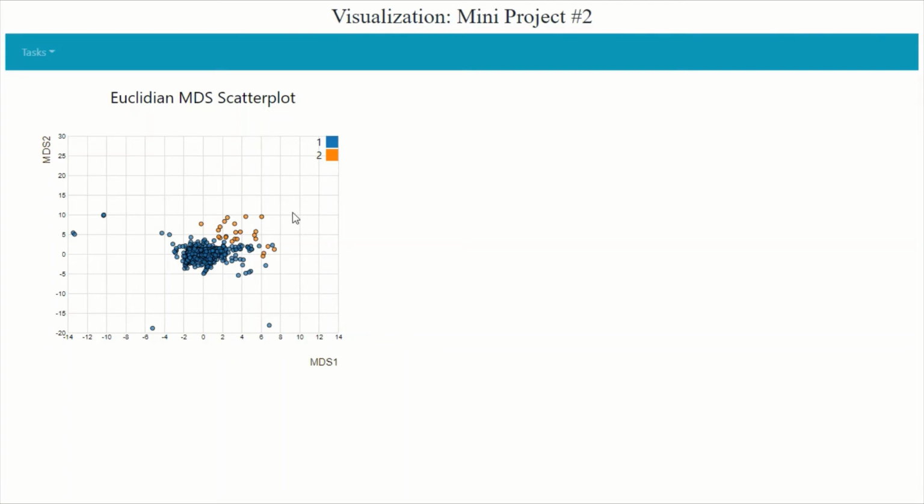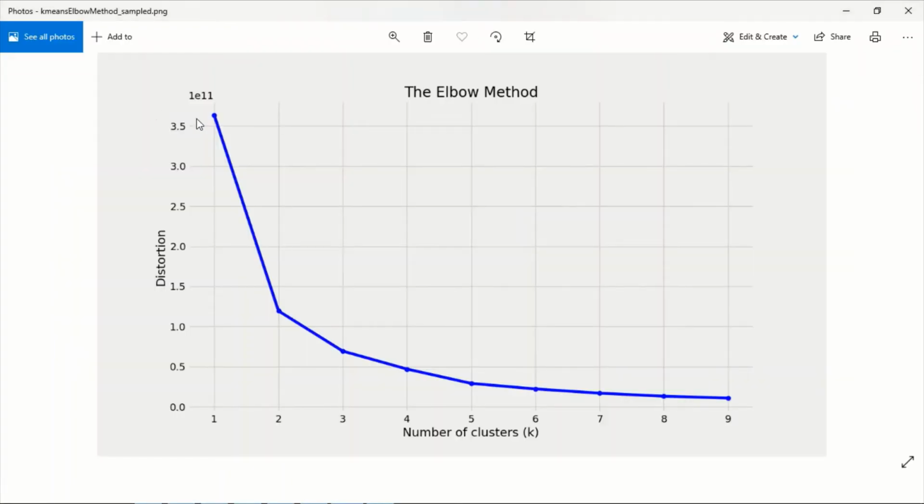Also, one thing, I have used the k-means algorithm to cluster the data points, and for optimal k I made use of the elbow method, and found that the optimal value of k is 2.